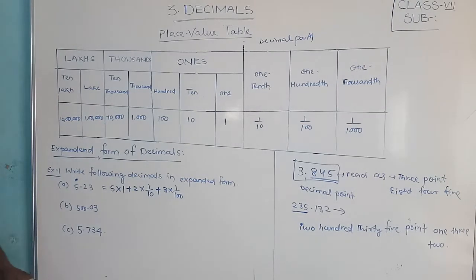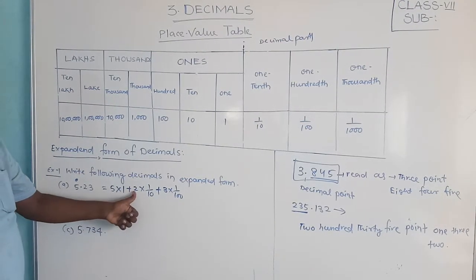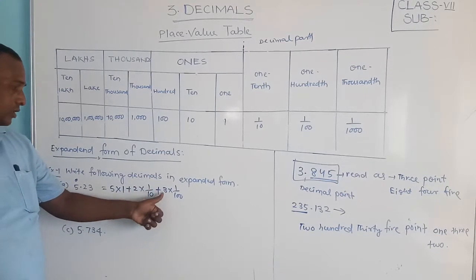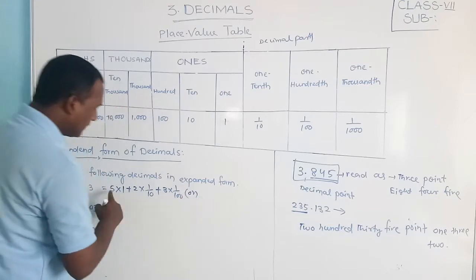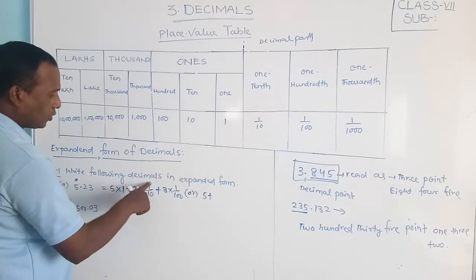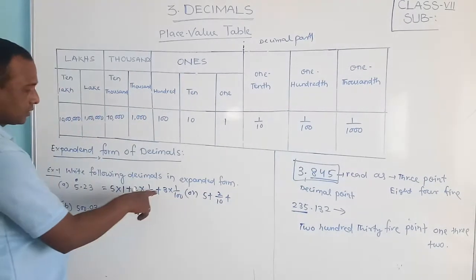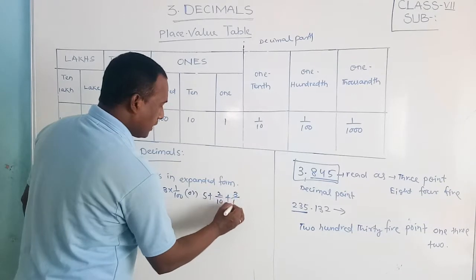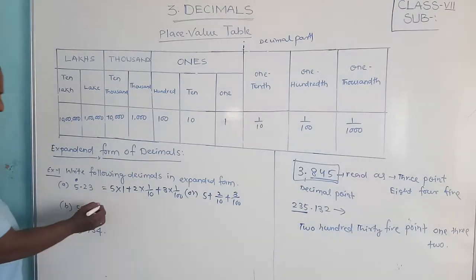Are you clear, friends? Observe here: 5 into 1 plus 2 into 1/10 plus 3 into 1/100. Or we can write 5 into 1 is 5, plus 2 into 1/10 means 2/10, plus 3/100 also you can write. Okay, same like this you should do this one also, friends.